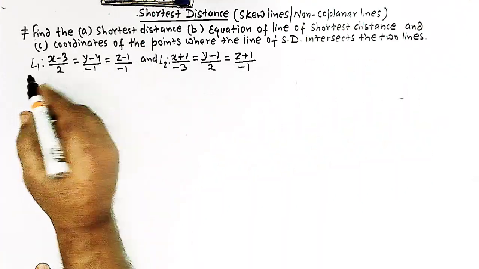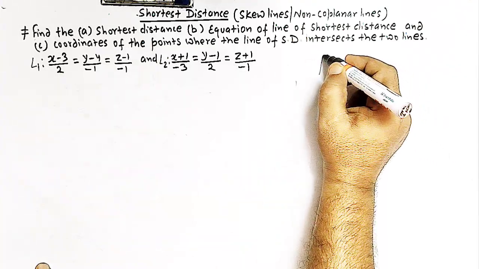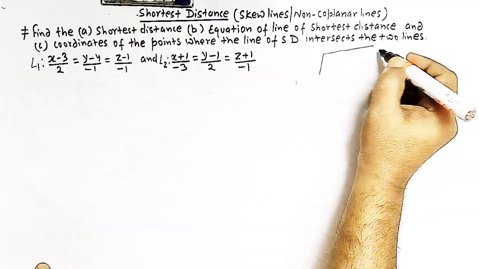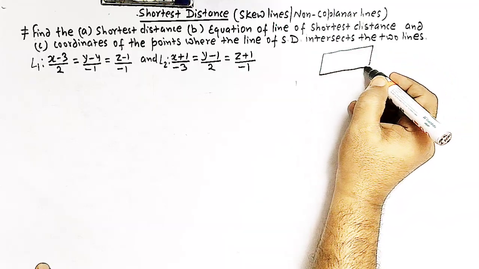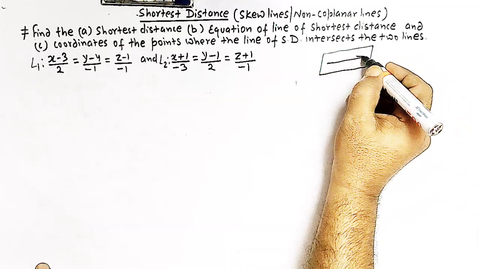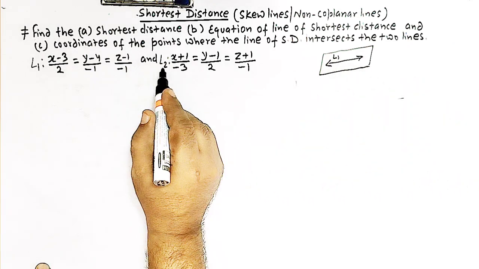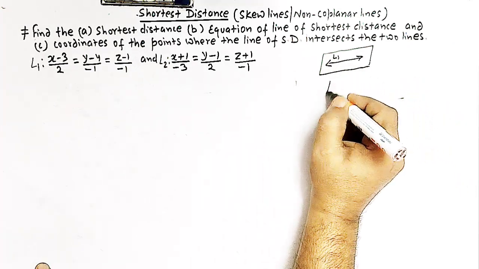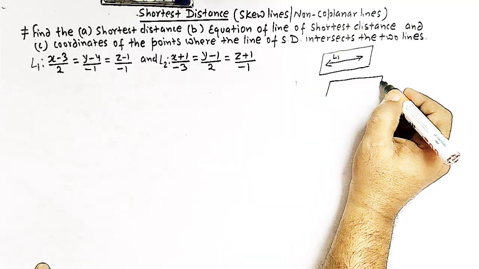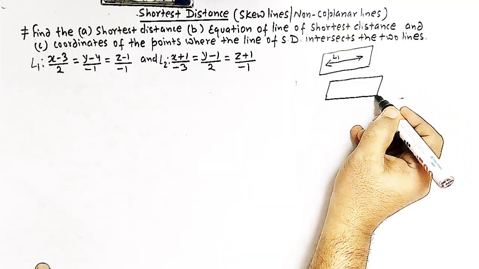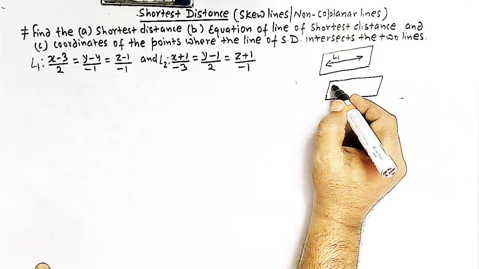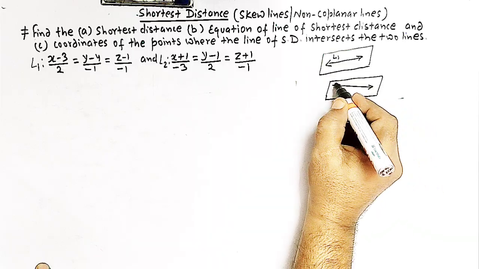For example, suppose this is the plane, and here we have the line L1, and we have the line L2 on a different plane.